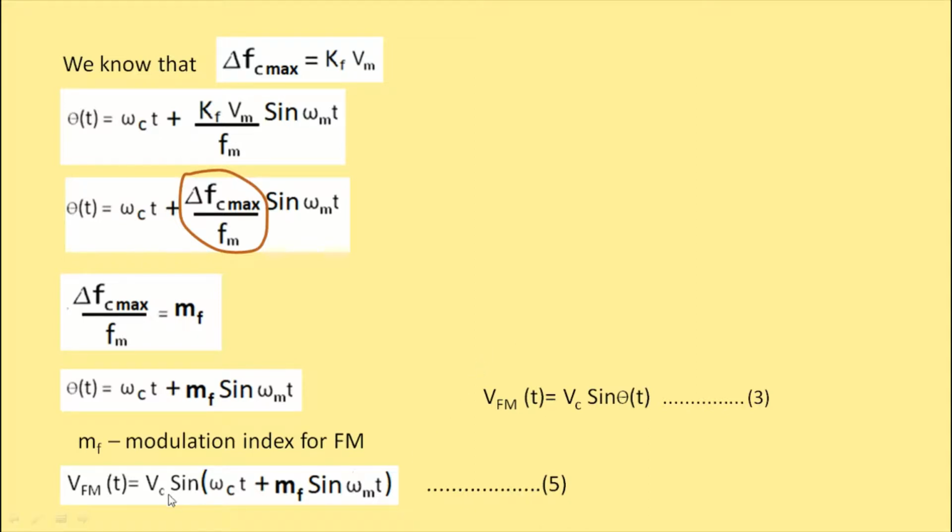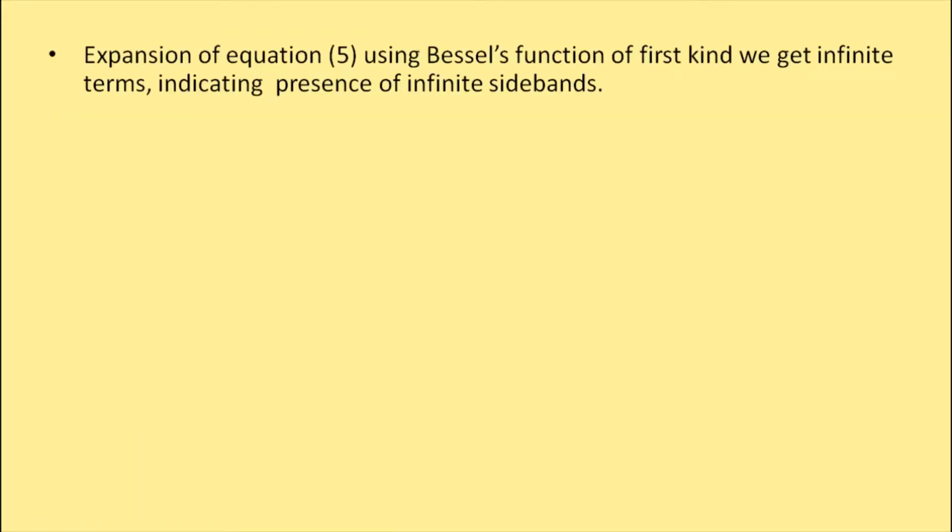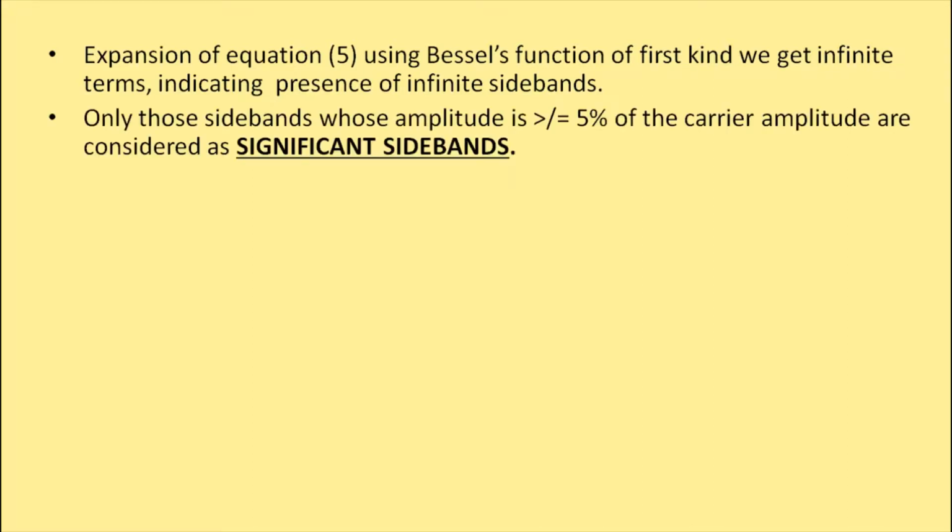This equation, which we have numbered as equation 5, can be simplified using something called Bessel's function. So using Bessel's function of the first kind, when equation 5 is solved, we get an infinite number of terms. And these infinite terms indicate that there are infinite number of sidebands in the expression.